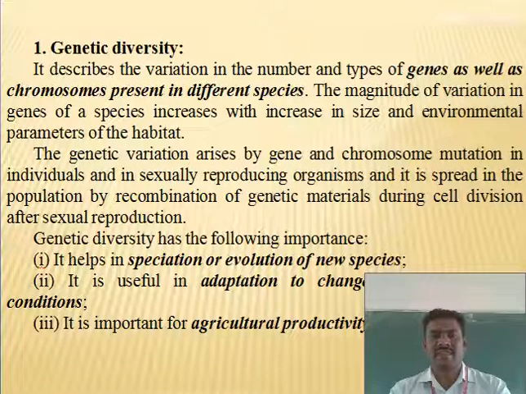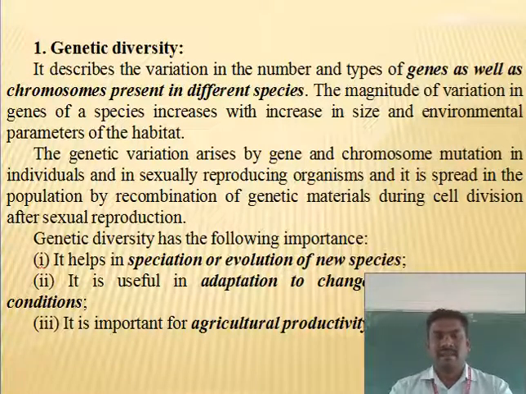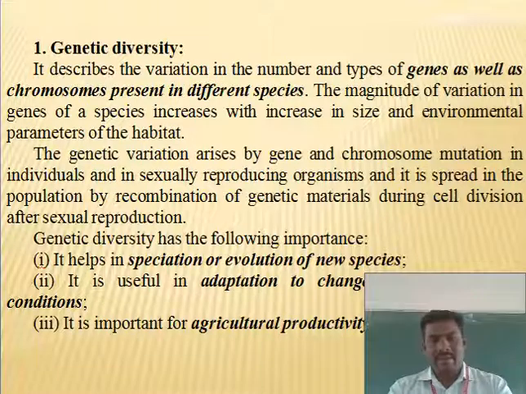It describes the variation in the number and types of genes as well as chromosomes present in different species. The magnitude of variation in genes of species increases with increase in size and environment parameters of the habitat.